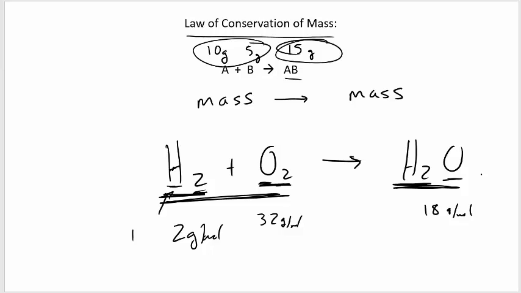So what we're going to do, and the only thing we can do to balance this out, is add a coefficient, or a number, in front of that water molecule, and it has to be a whole number. So if we want 2 oxygens, we're going to put a 2 there. So what we have now is 2 oxygens. Now coefficients do 2 things. They distribute to everything, every element in the formula, and they multiply.